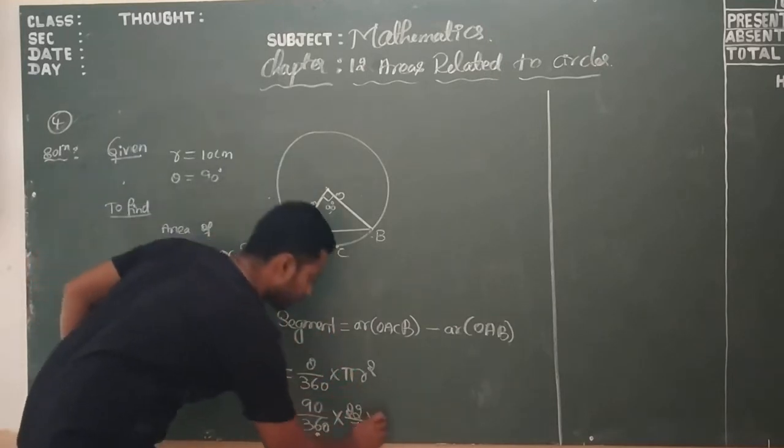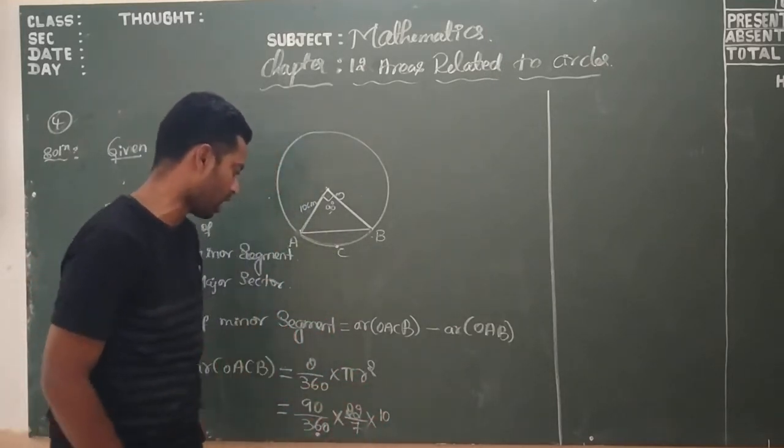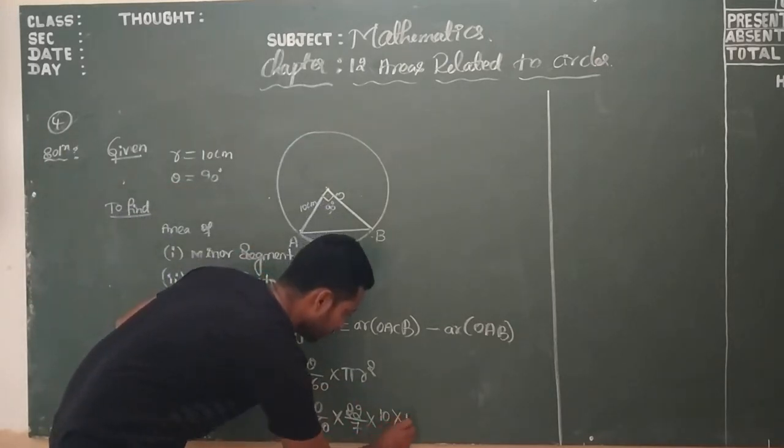Radius is 10 centimeter. Now I am going to write r square as r into r, that is 10 into 10.